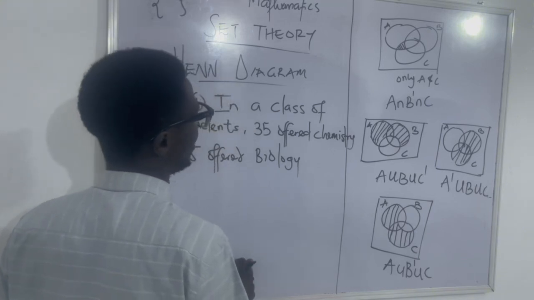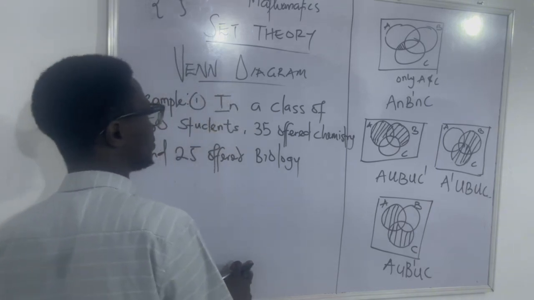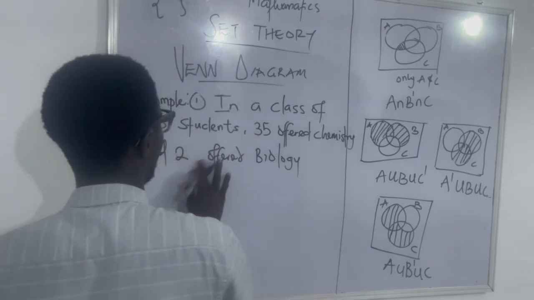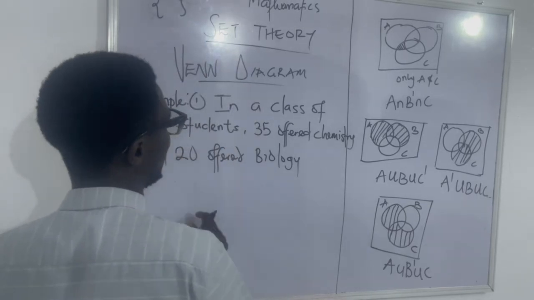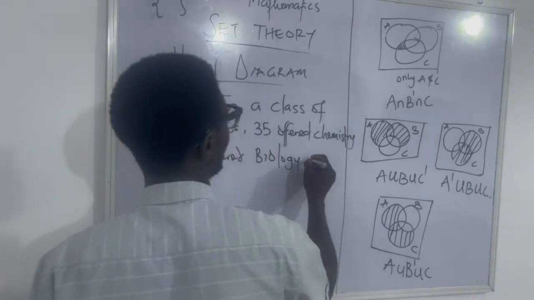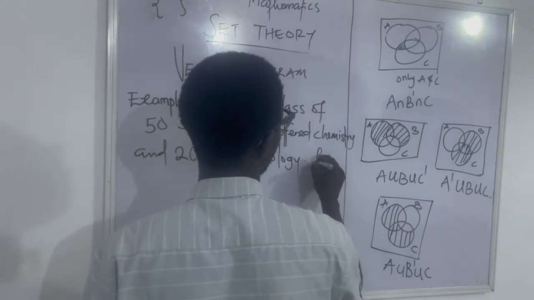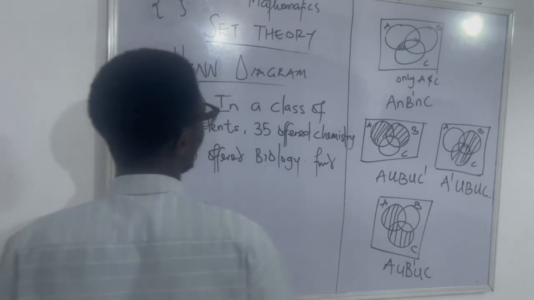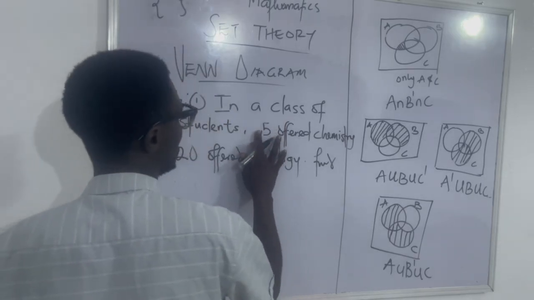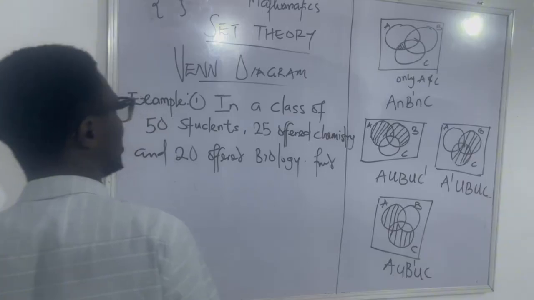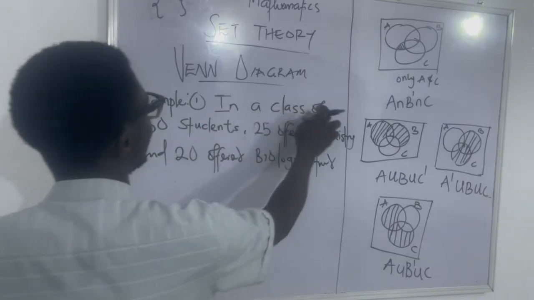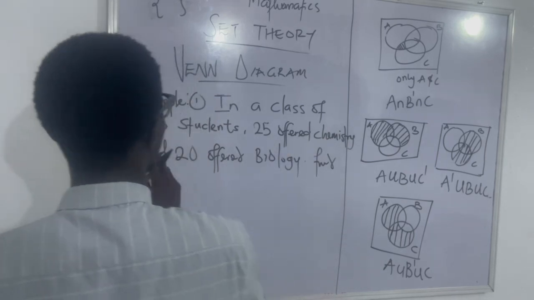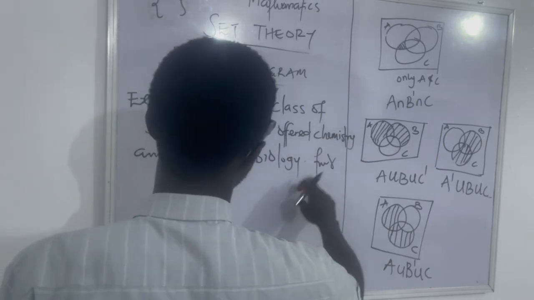Okay, let's say this one, we can say this one is 25 actually. So in a class of 50 students, 25 offered chemistry and 20 offered biology.